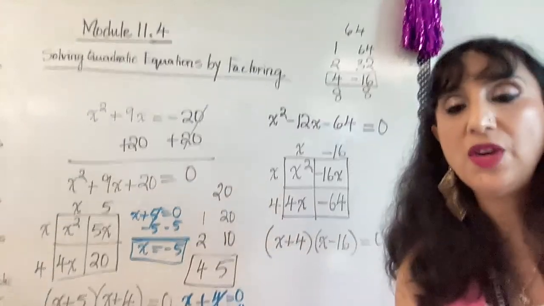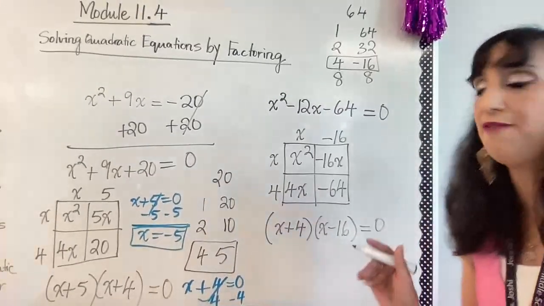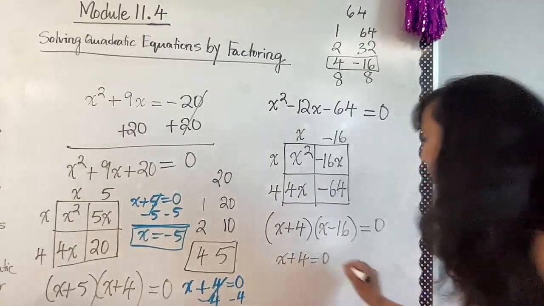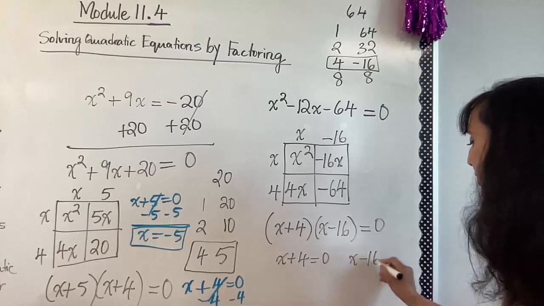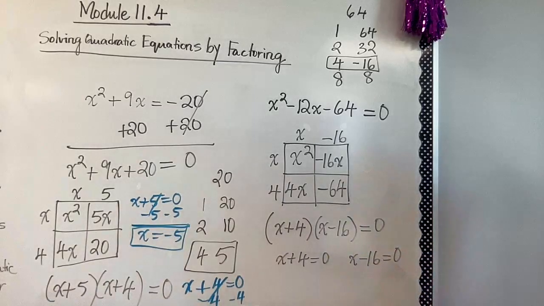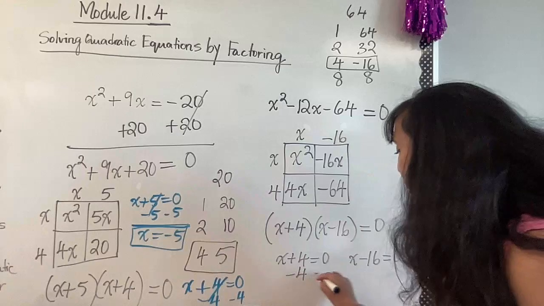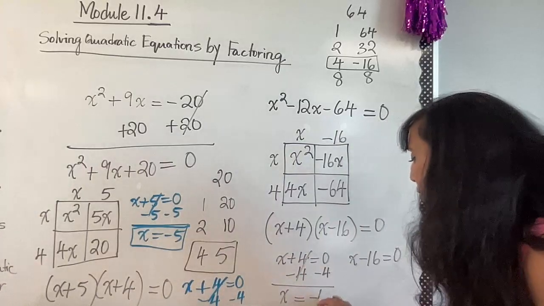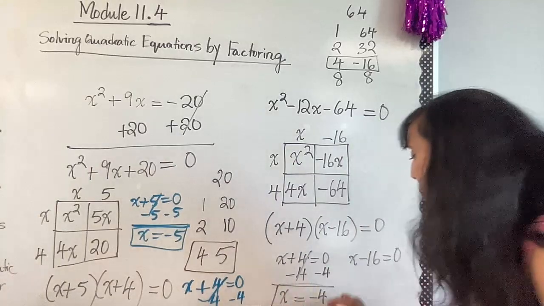And I'm going to use the zero product property to solve for x. X plus 4 is equal to 0. X minus 16 is equal to 0. And then I am just going to go ahead and subtract 4 from both sides here. So I get x is equal to negative 4. Here is one solution.